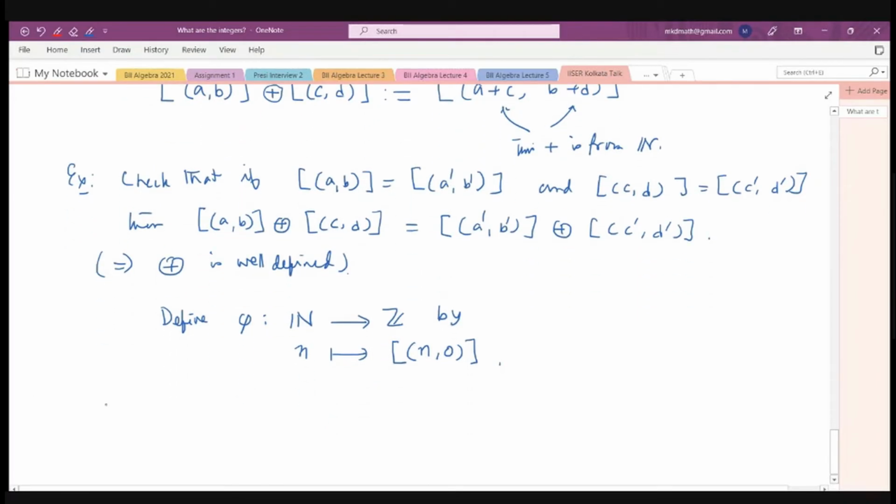Now note that let phi of n1 equal phi of n2.